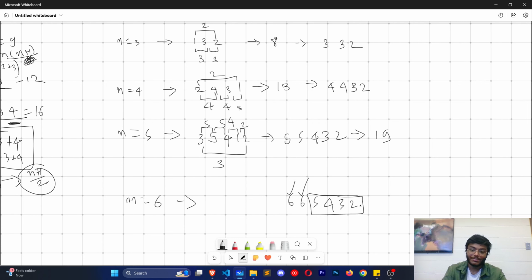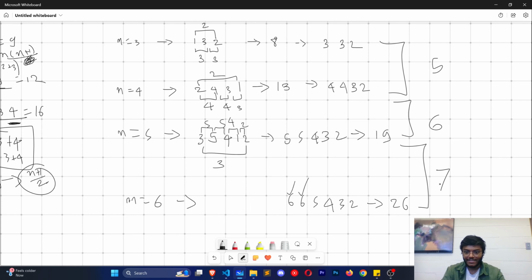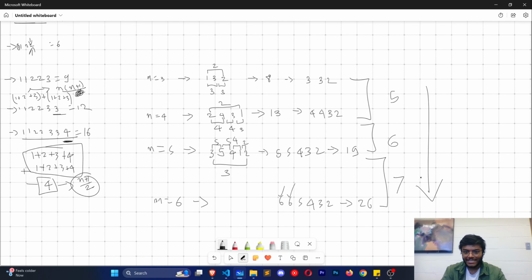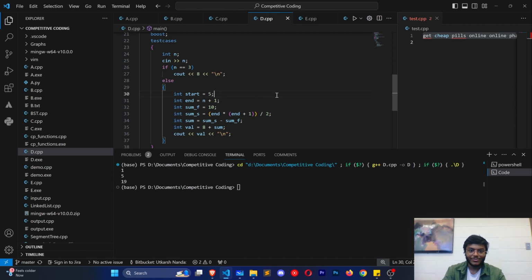Besides the minimum element, every single element would be utilized at least once, right? So this would be 12, 17, 21, 26. If you see, the difference over here is 5, the difference over here is 6, the difference over here is 7, and so on, right? So this was basically the pattern, and let's just go to the code.